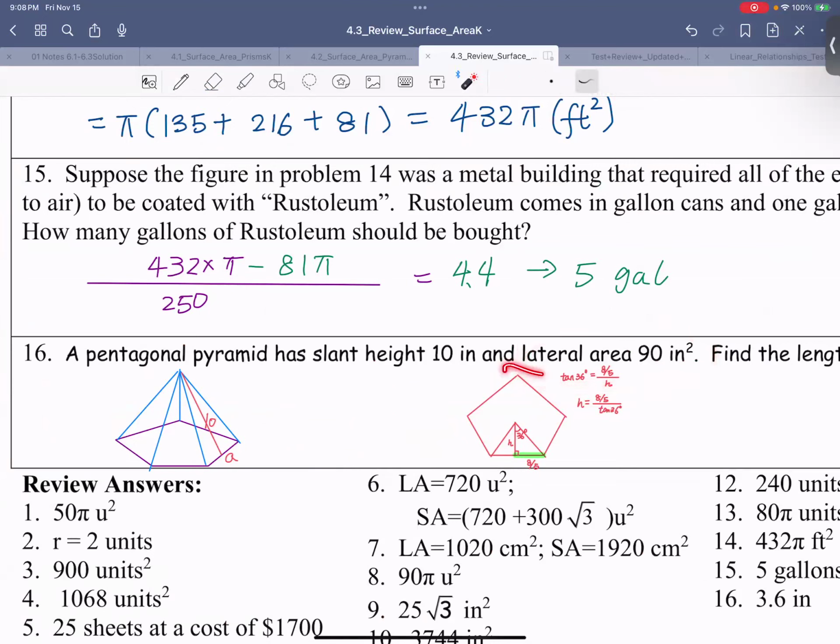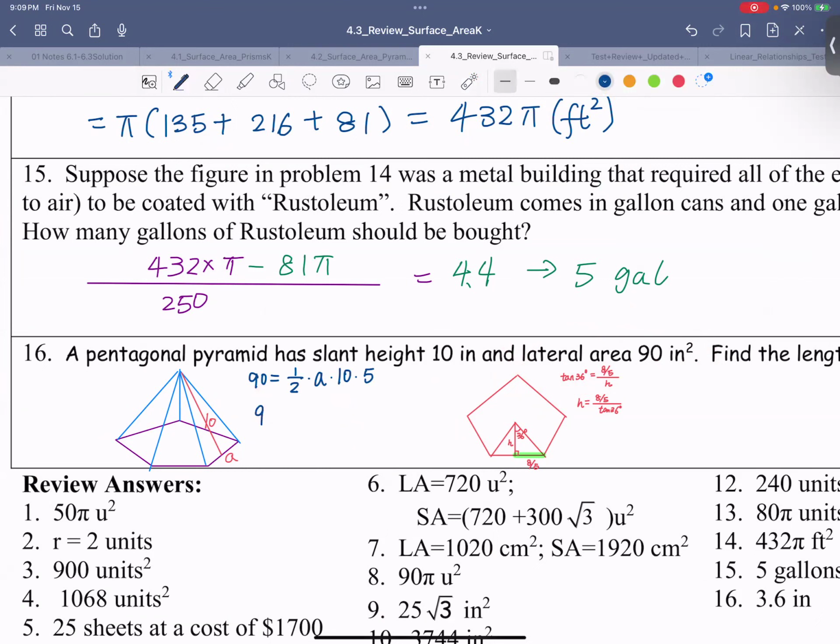Okay. The lateral surface 90 equals to who? 1/2 times A times 10 times 5. Good. 90 divided by 10 is 9.